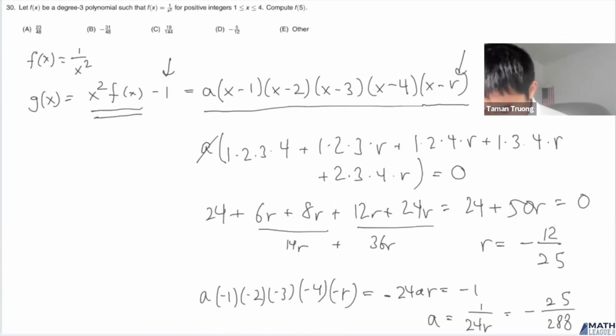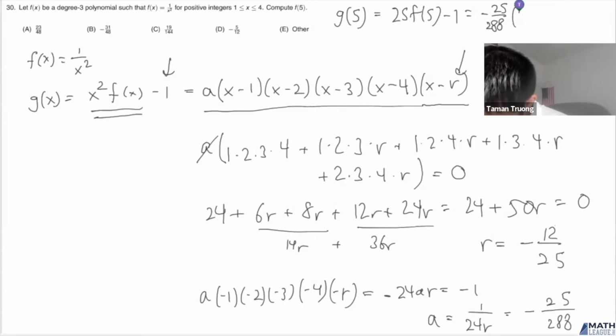So now we can just straight up find g of 5, and then we can find f of 5 from there. So g of 5 equals 25 f of 5 minus 1. And that equals negative 25 over 288 times 4 times 3 times 2 times 1 times 5 plus 12 over 25.